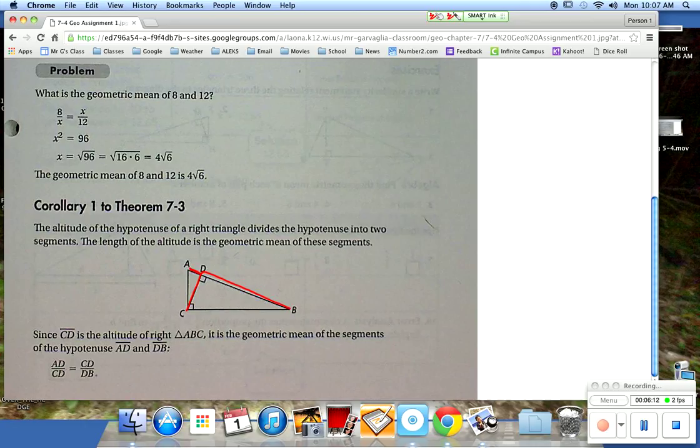Let me call this X, Y, and I'm going to call this M. X over M is the same as saying M over Y. There's a proportion there. That's what they're coming up with. They're using this length, this altitude, as the mean between these two segments. And we can use that to figure out what the length of that is.